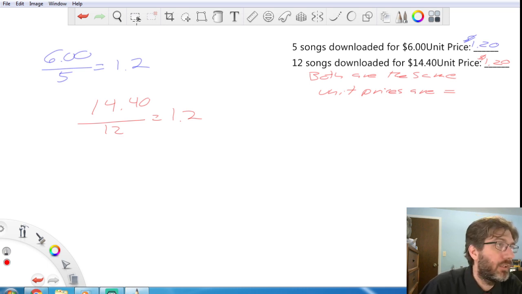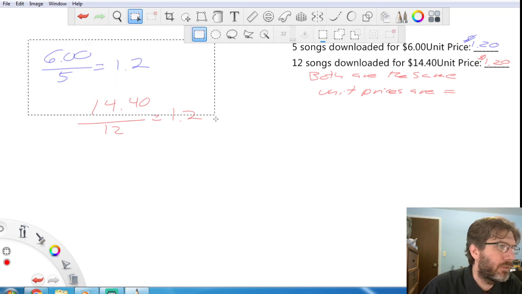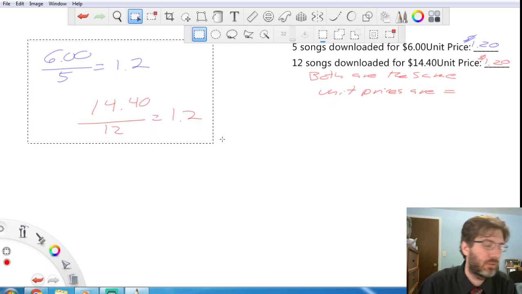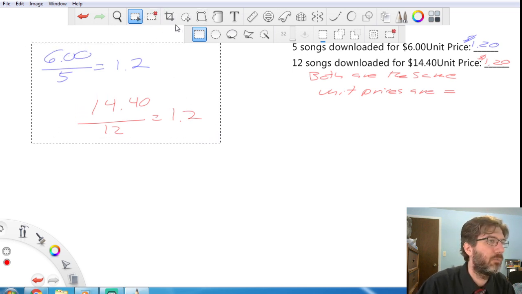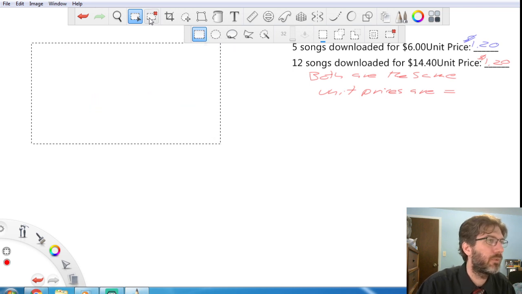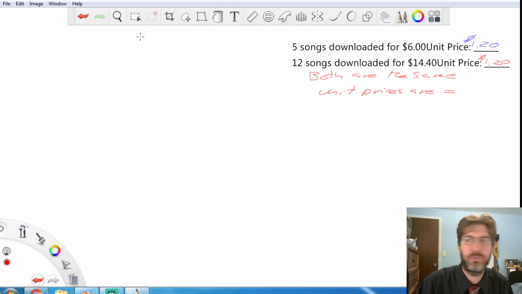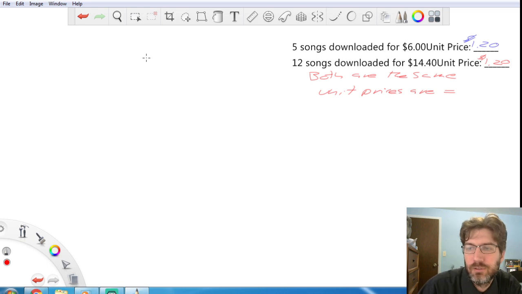Let's look at what your units for your cross products will actually be, because it is a bit different than what you're probably thinking. I'll do it the long way. It is money because we are comparing prices. So whatever your numerator is going to be, it's actually money per song.